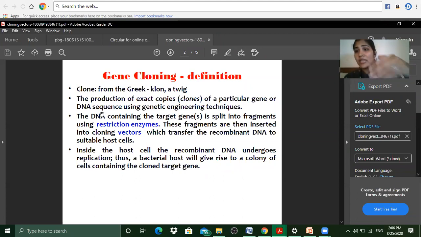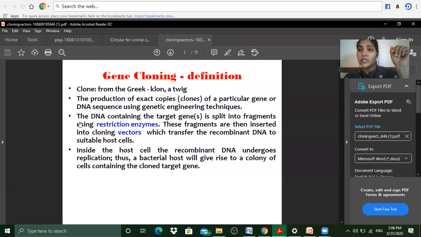And you have one experiment related to this also in your fourth semester, which is known as blue and white screening, in which we'll be making recombinant DNA and inserting that recombinant DNA into the plasmid of bacteria, and then allowing that plasmid to be inserted back into the host bacteria and multiply, making sure that we are getting the copies of those bacteria which are having that plasmid, which is having our DNA of interest.